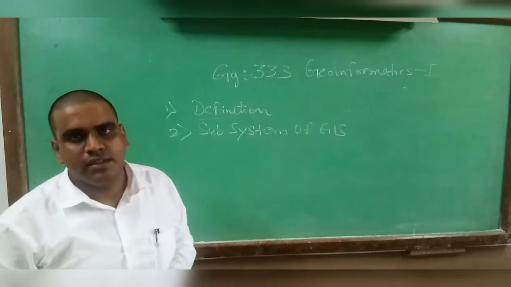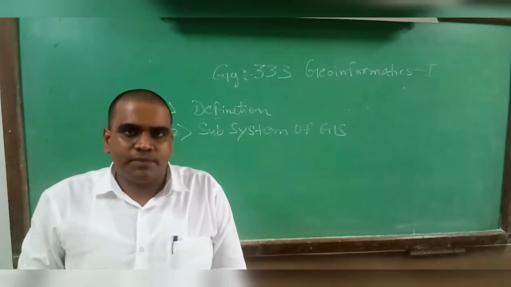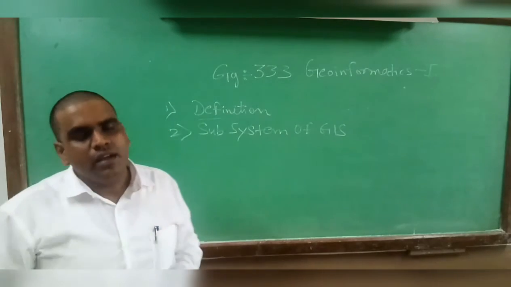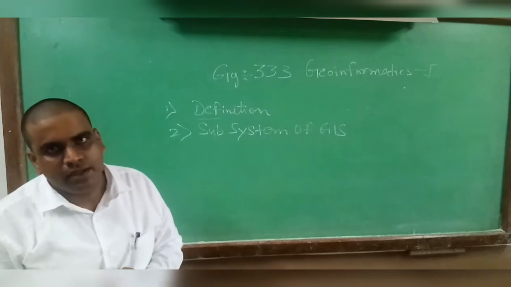Subsystems of GIS. GIS consists of 4 subsystems. First one is the data input subsystem.